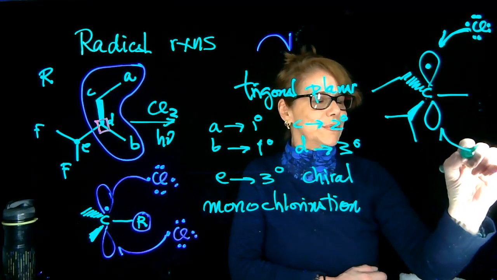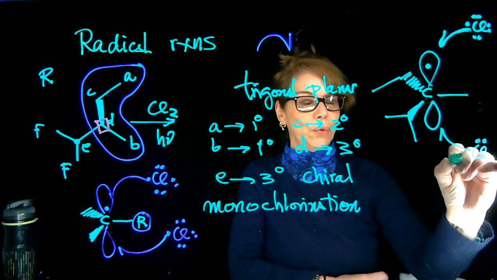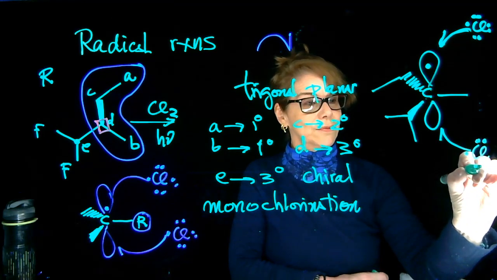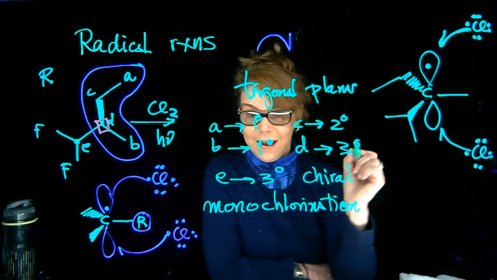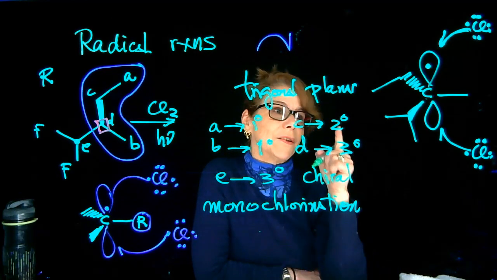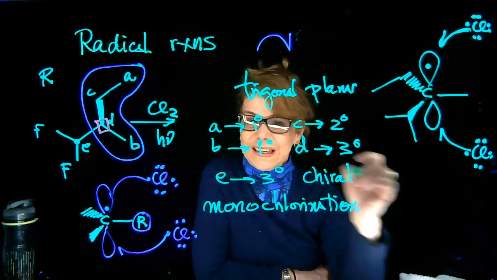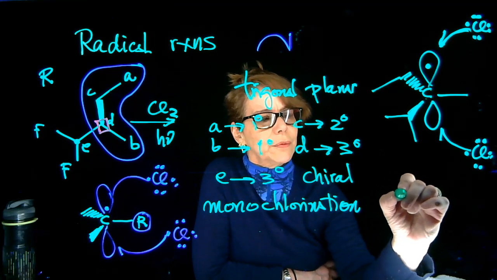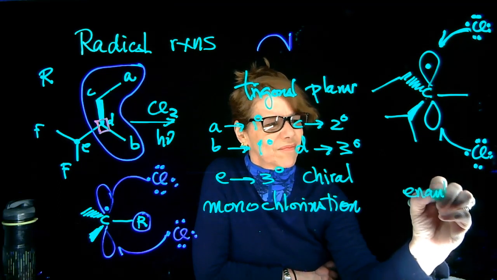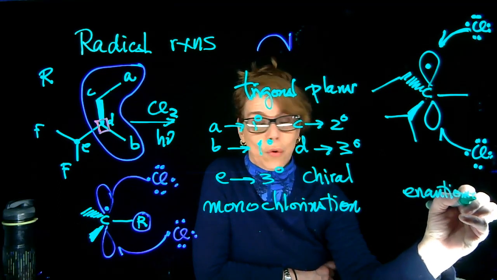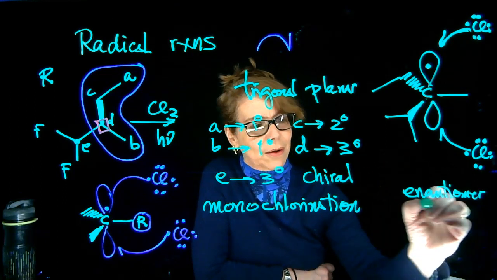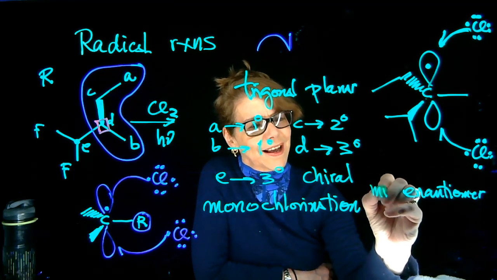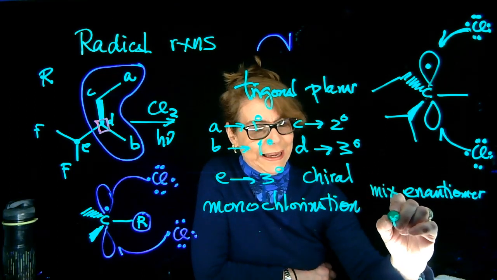That leads to the formation of two products, which are enantiomers of each other. So at the end of the day, the two products formed from the attack at D are two enantiomers, formed essentially in the same amount. So that mix of enantiomers is called a racemic mix.